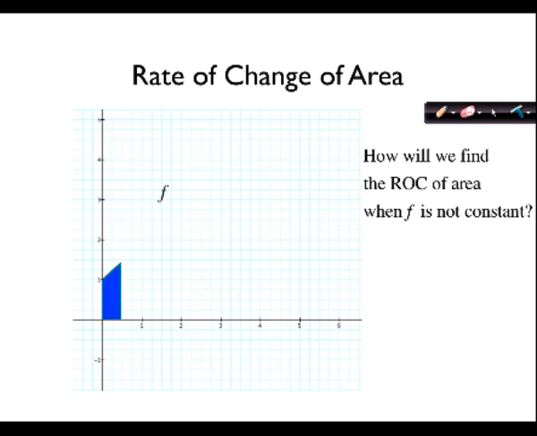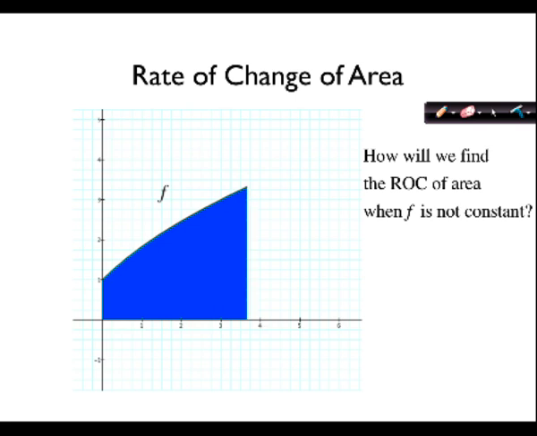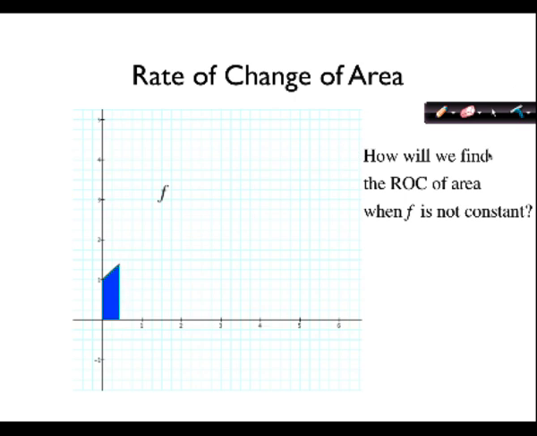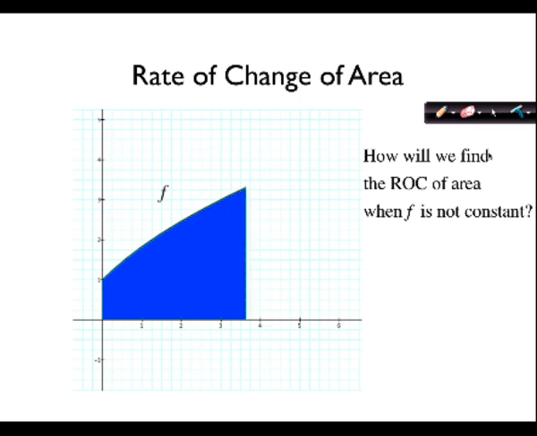So what is the rate of change of area when f is not constant? Most functions have a changing value. How are we going to find the rate of change of area in a situation like this? So how did we do this before? We broke it down by constant rate of change, then said most rates of change are changing rates.